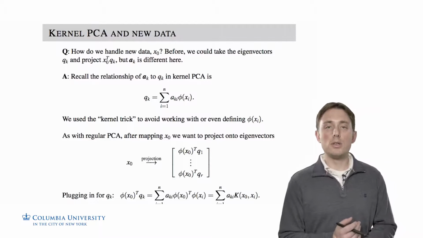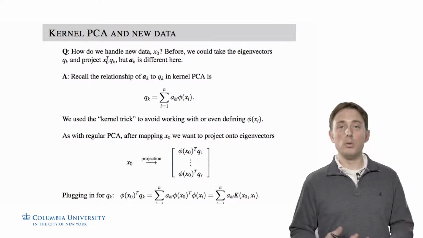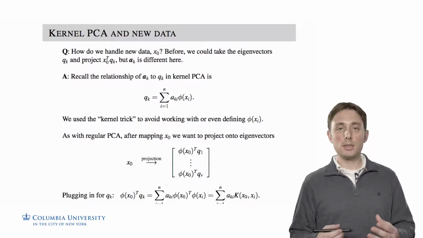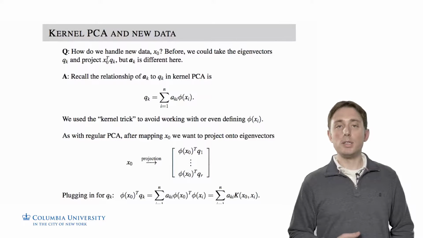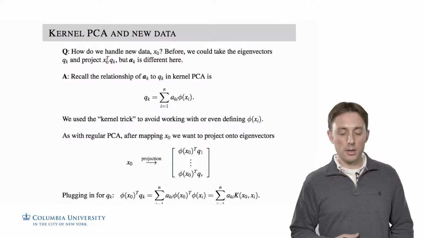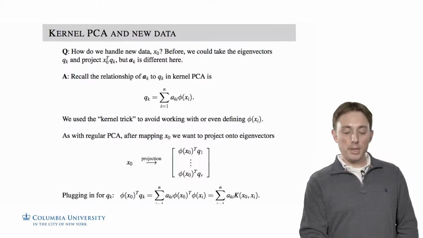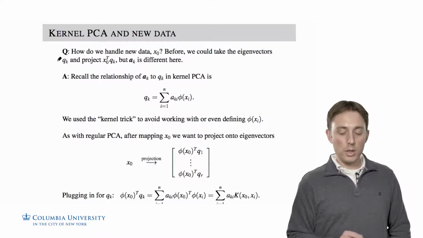So before I show this on an example, an immediate question is, how do we handle new data? If a new x0 comes in, how do we project that into the lower dimensional space using exactly the same assumptions as the model was using? Before, what we did, if you recall, is we learned the eigenvectors.